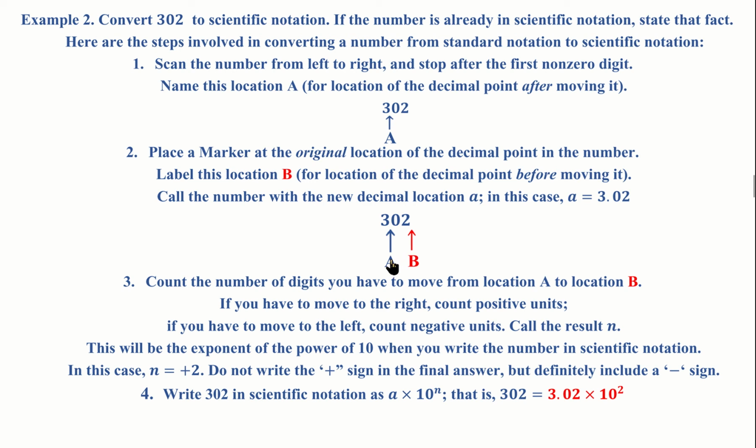This is very important: you count from A to B, not the other way around. If that number of digits is a movement to the right, use a positive number. If it's movement to the left, use a negative number.